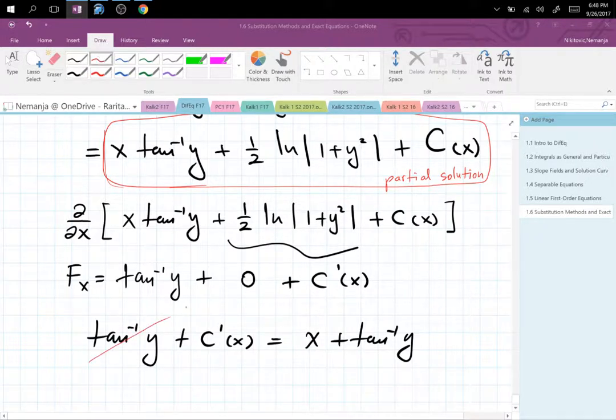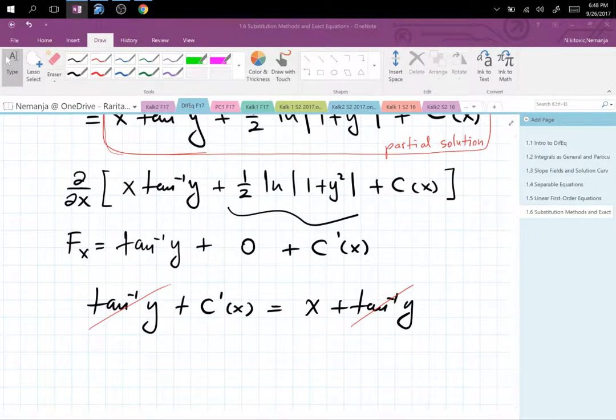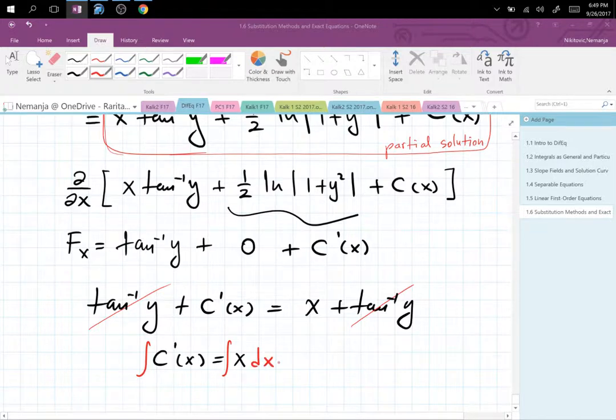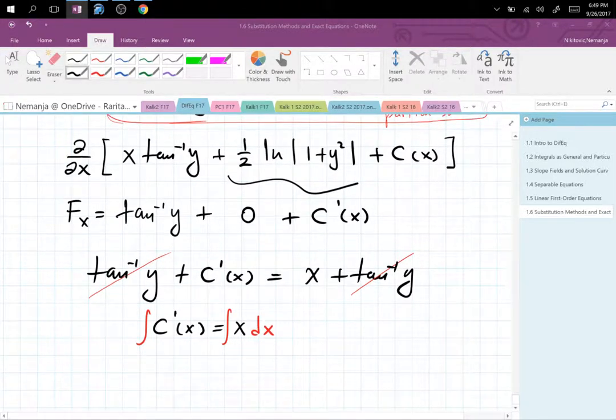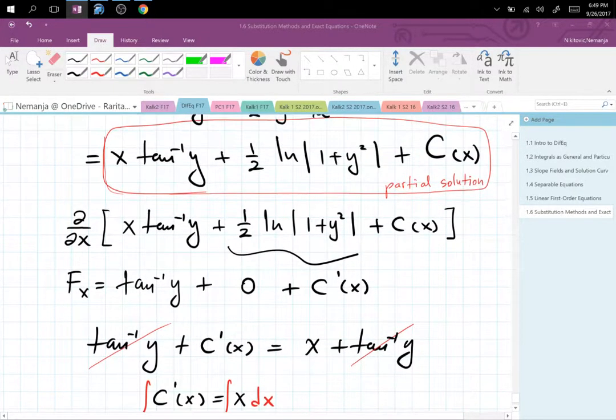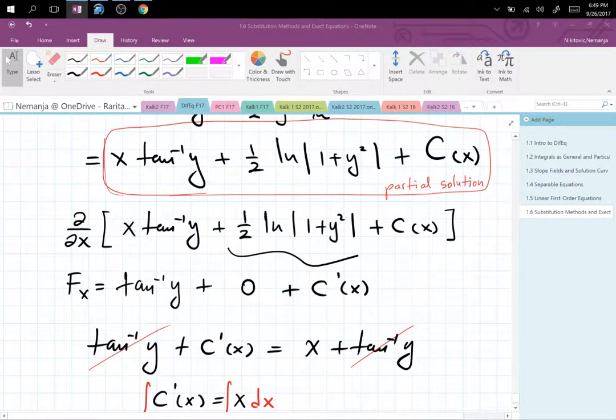These two cancel out, and what I get is c prime of x is equal to x. Hit this with integration on both sides, and there is your c of x, which is what we were after. This is x squared over 2 plus some constant k. We go back to our partial solution and replace c of x by the c of x we just found, and the problem is solved.